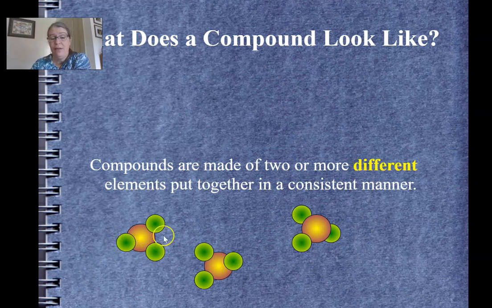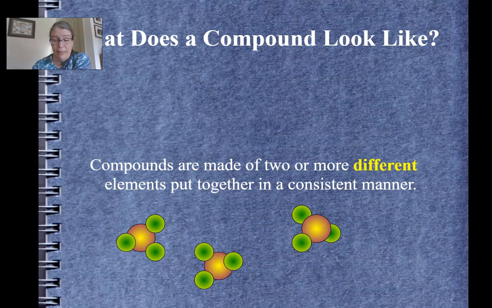So looking at this compound, it's clearly three little greens to one big pinky yellow. And every one of them has that same ratio of three greens to one yellow or pink. That's what I mean by a definite composition. Water is H2O.